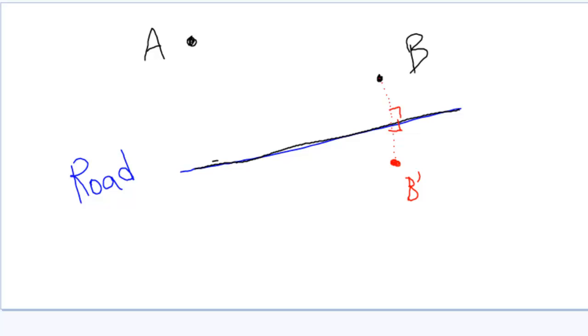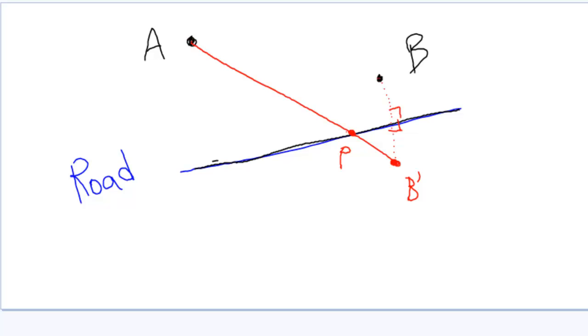So now, instead of trying to go from A to B, let's focus on going from A to B prime. And oh my goodness, we have to cross the road to do that. I'll call that point P, where the path intersects the road.